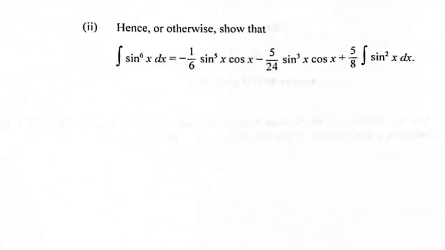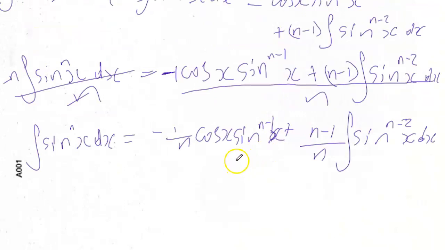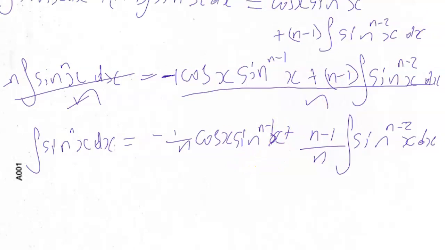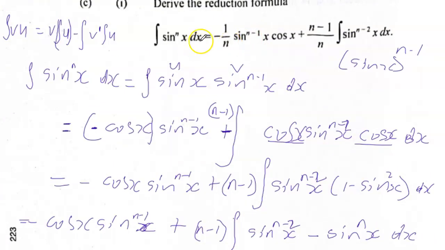Next part of the question: hence or otherwise show that the integral of sine x to the power of 6 is equal to all of this thing there. So we know that the integral of sine x to the power n dx is equal to, let's restate it, negative 1 over n, all of this.